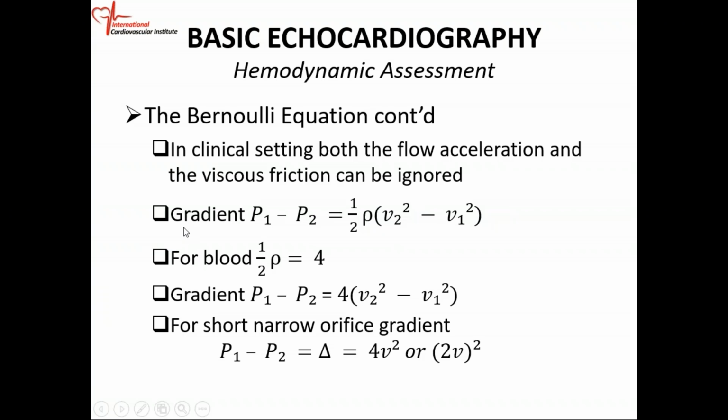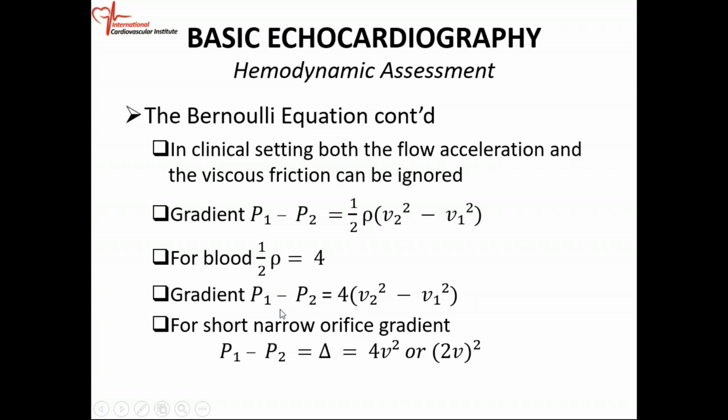For blood, half rho is equal to 4. So you can replace all of this by the number 4, because for blood, half the mass density is 4. Simplifying the equation even more, the pressure gradient is equal to 4 times V2 squared minus V1 squared.